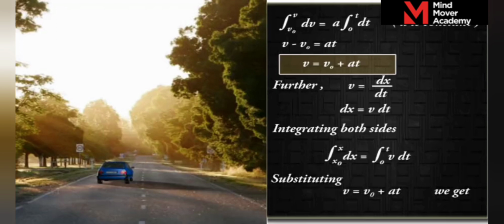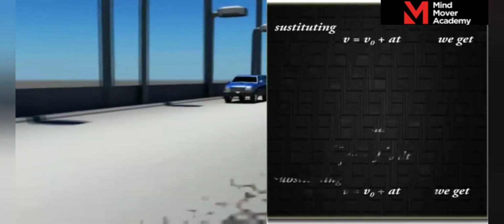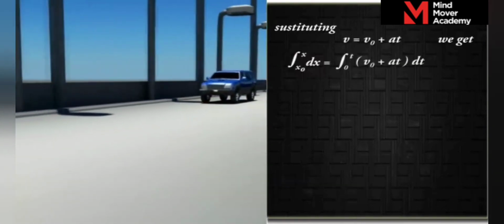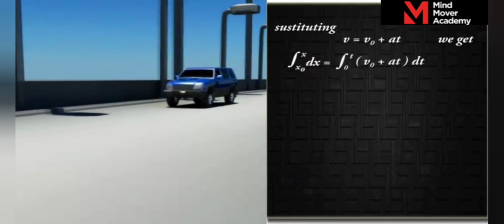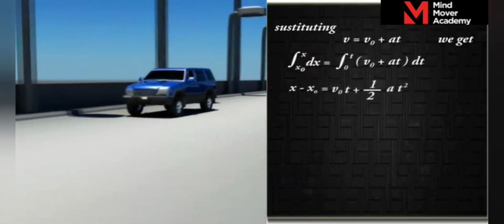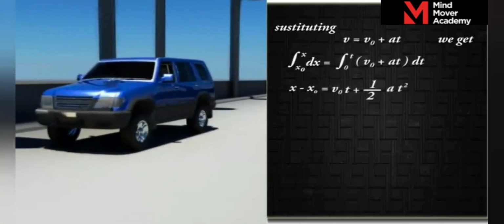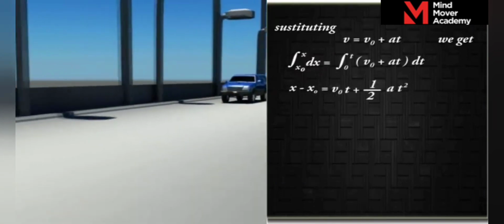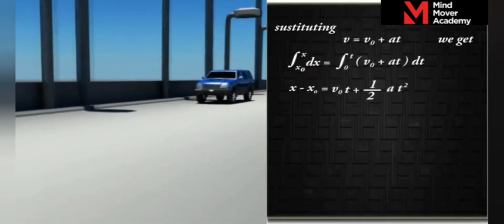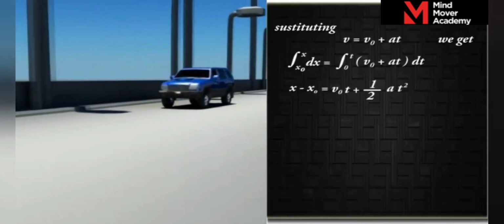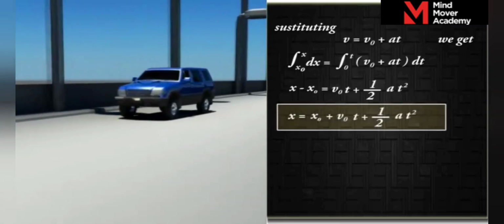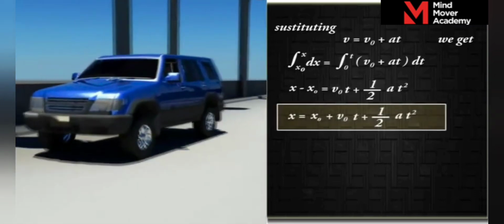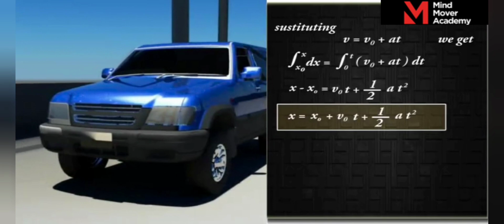Substituting v is equal to v naught plus at, we get integral 0 to t (v naught plus at) dt. x minus x naught is equal to v naught t plus 1 by 2 at square. x is equal to x naught plus v naught t plus 1 by 2 at square.